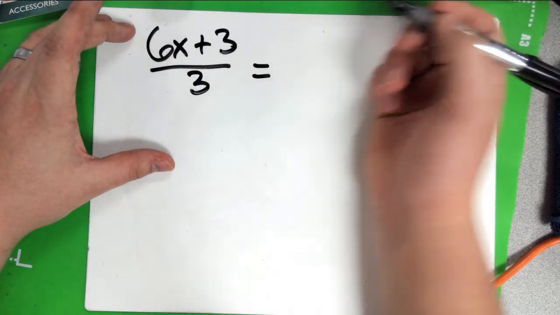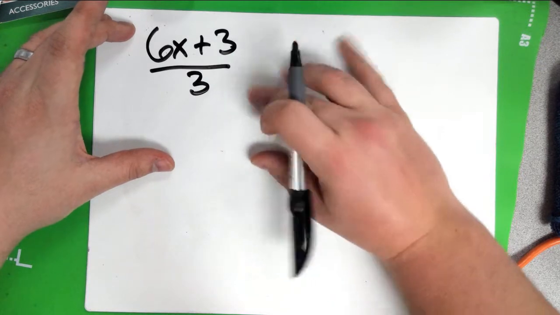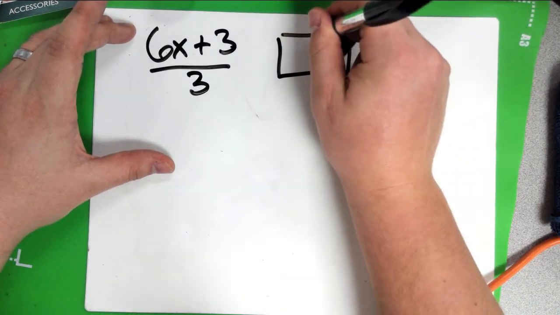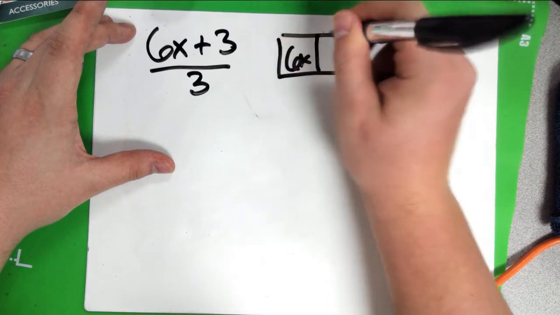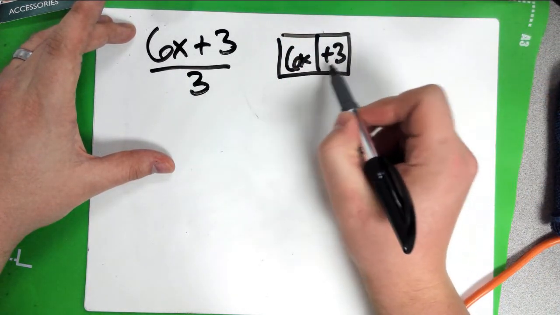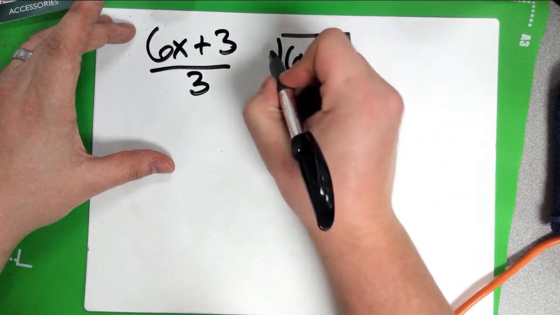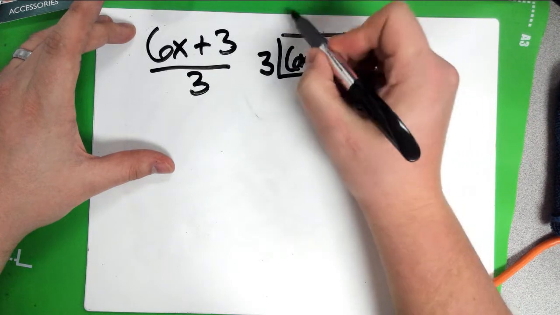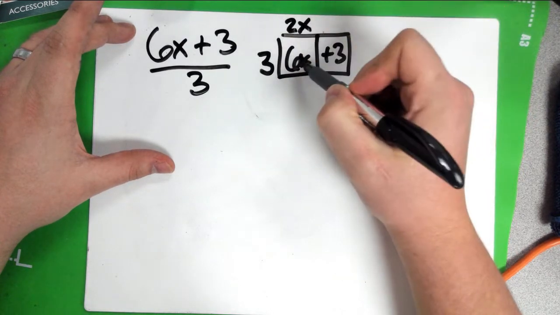Actually before we even do that, let's factor 6x plus 3 using the box. So 6x and then plus 3 right there. So the biggest number that both of them can be divided by is 3. So I'll put a 3 right here. Now, 3 times 2x equals 6x.